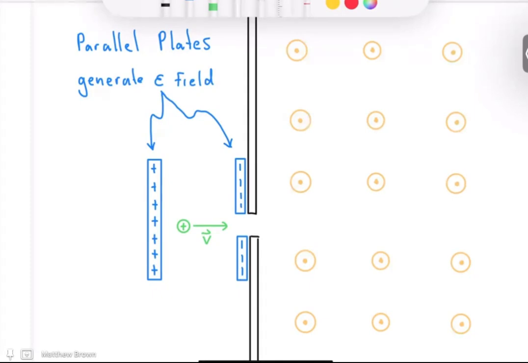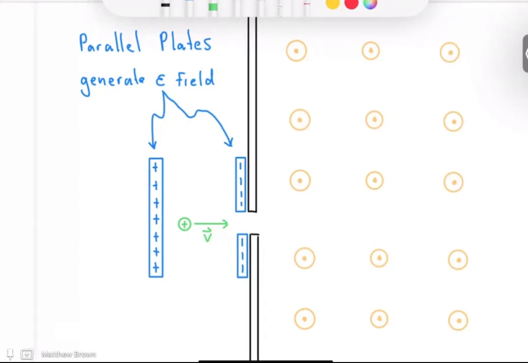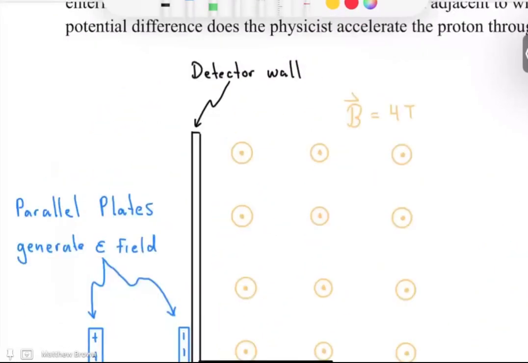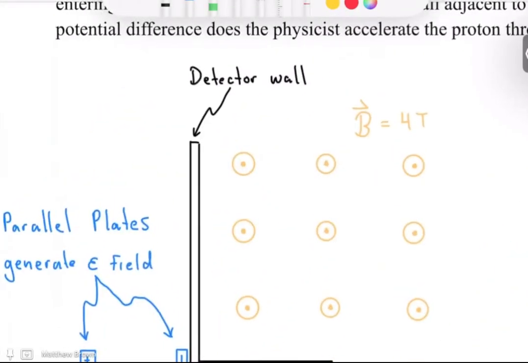And that would generate what we'll consider a relatively constant E field. All you would do is leave a little opening. You can imagine that in 3D, right? I've got a hole essentially on the plate where I expect the particle to go through. And right on the other side of that hole is a detector wall, which you can tell that's what it is because I wrote it down.